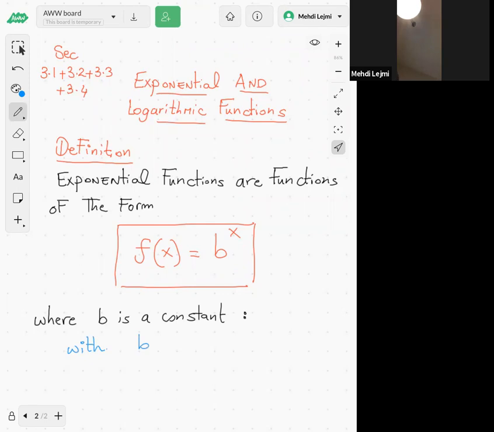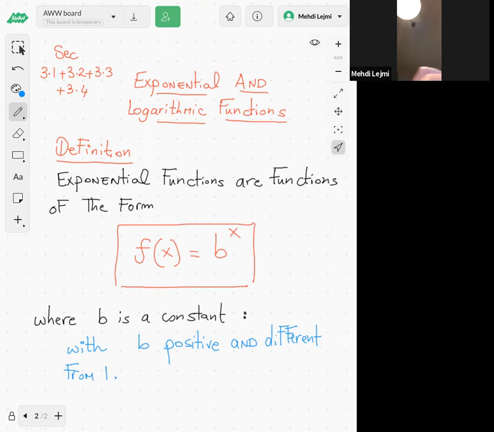It must be positive. This is really important. And different from 1, because 1 to the power x would be just equal to 1 anyway. It would be just a constant function. So different from 1. Okay.